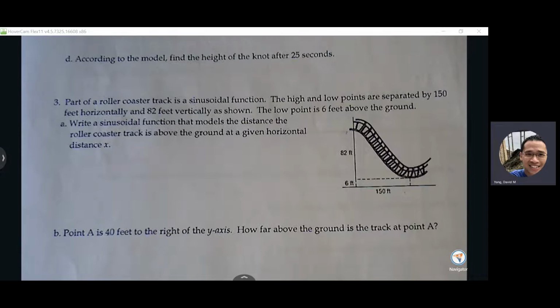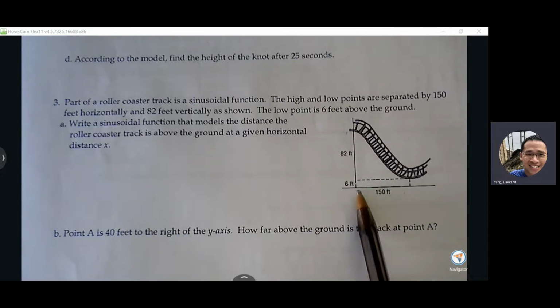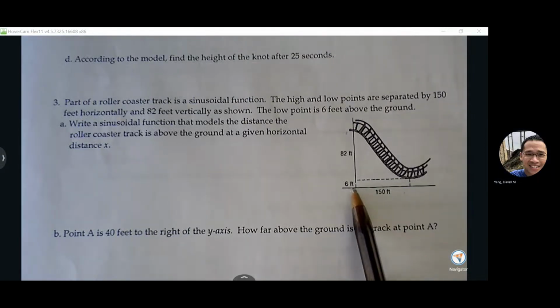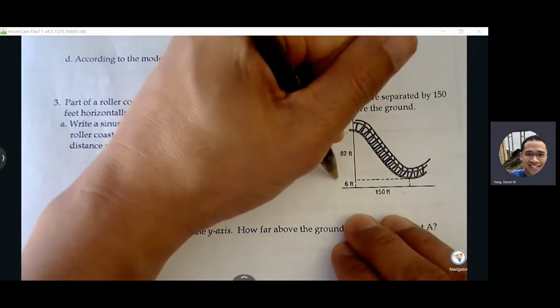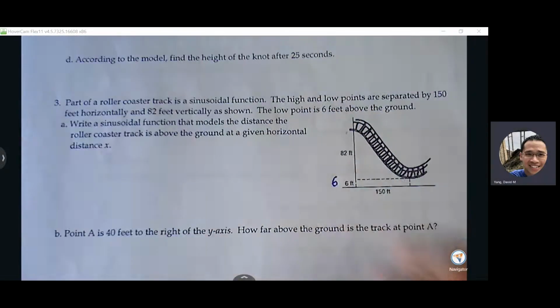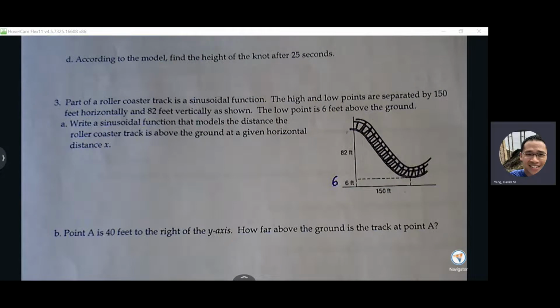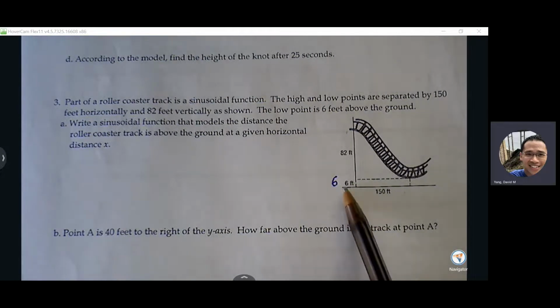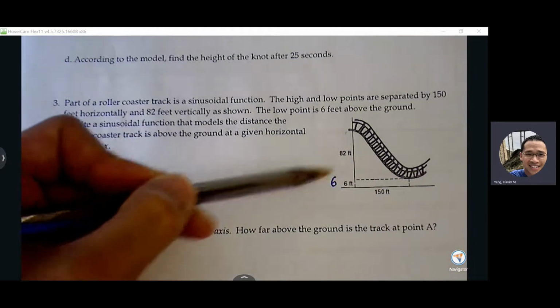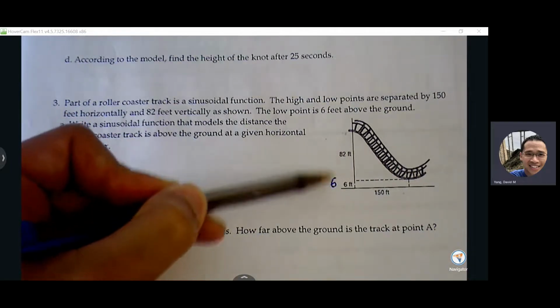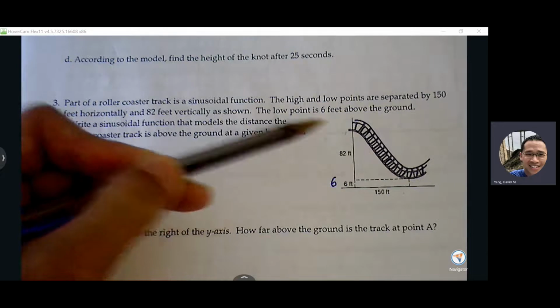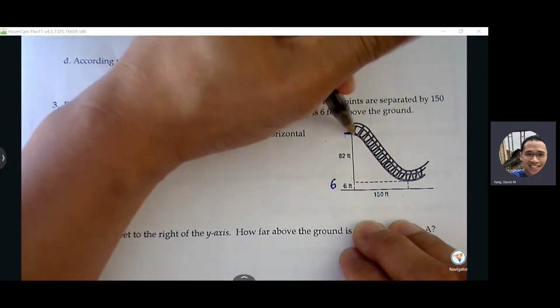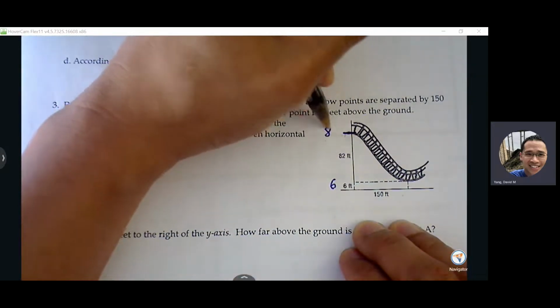Next up, we have our minimum, right? Our minimum is what? 6. Okay. What's our maximum going to be? Because you added 82 to 6, right? So the minimum plus your entire distance will get you to your maximum. Therefore, your maximum is 88.